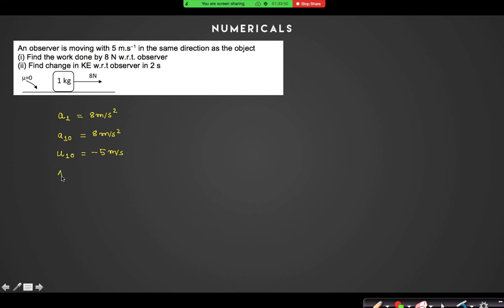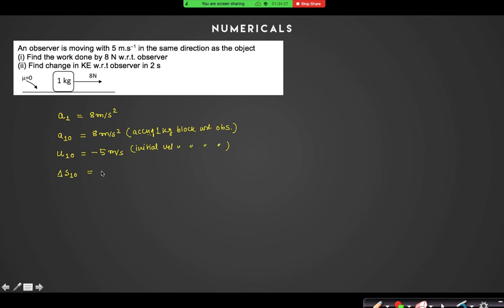So what is the displacement of the 1 kg block with respect to the observer? This is the acceleration of the 1 kg block with respect to the observer, this is the initial velocity of the 1 kg block with respect to the observer, and this is the displacement.